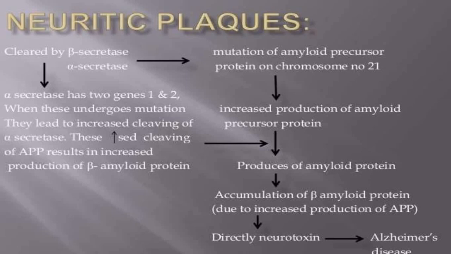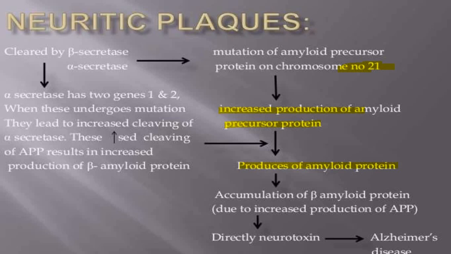Now, in detail, neuritic plaques, in general, are cleared by beta secretase and alpha secretase. Whenever there is a mutation of amyloid precursor protein in chromosome number 21, MCQ for exam, there is an increased production of amyloid precursor protein. This increased production of protein will lead to more amyloid protein.